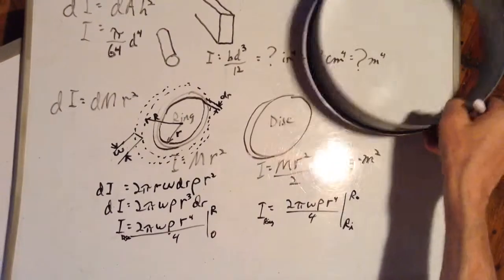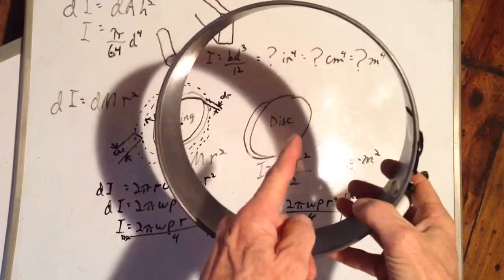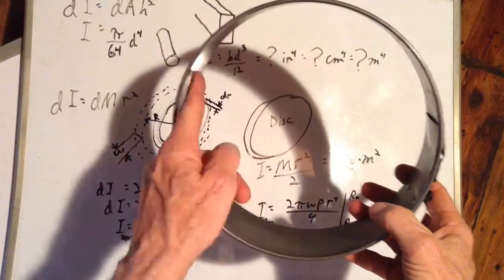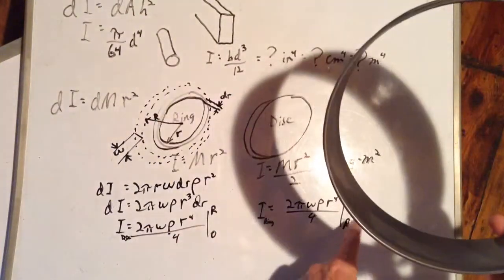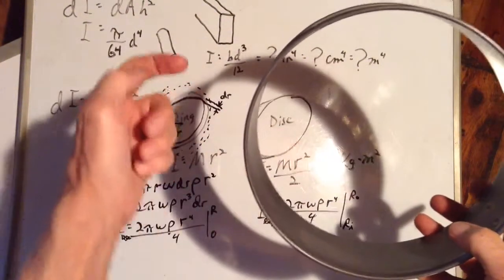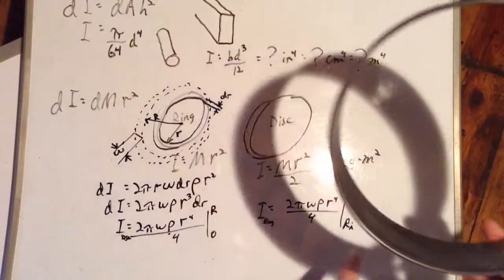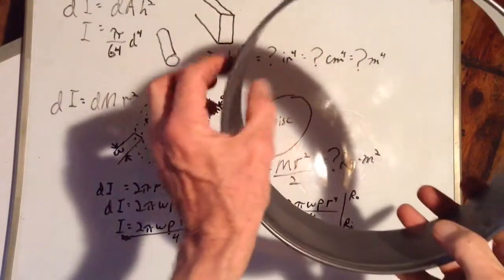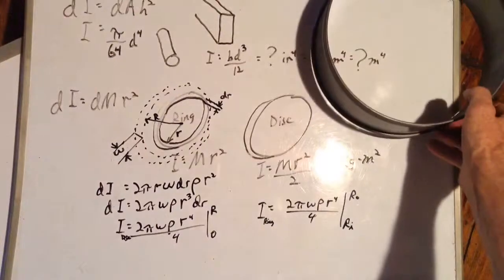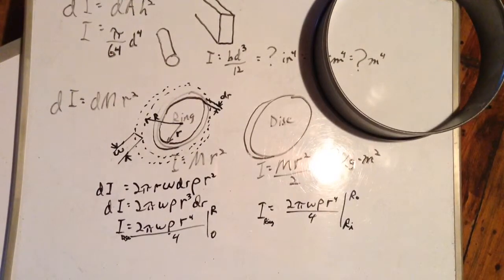In other words, integrated from this distance to there, to this distance to there. The only difference between Ri and Ro is the thickness of our ring. So our moment of inertia for a ring is that.